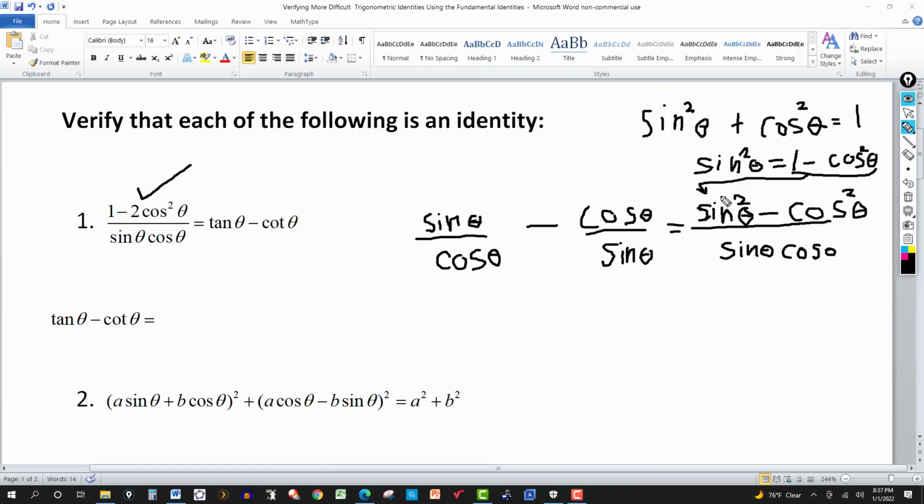So what do I have then? I'm going to have 1 minus cosine squared theta and a minus cosine squared theta.